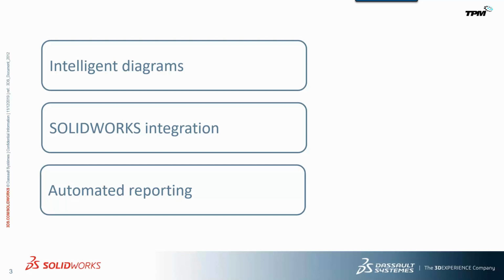If we can't generate that information, then cool pictures and intelligent diagrams don't help us a lot. So I do understand here at TPM that reporting and documentation is ultimately our deliverable, and we're here to help you with that as well. So between the three of these, it's a really nice package, and I'm finding it does get our users everything they need.